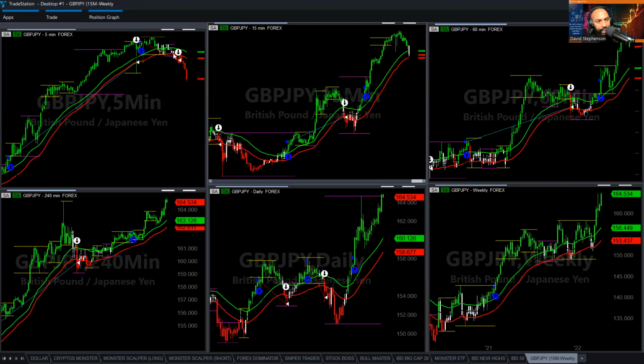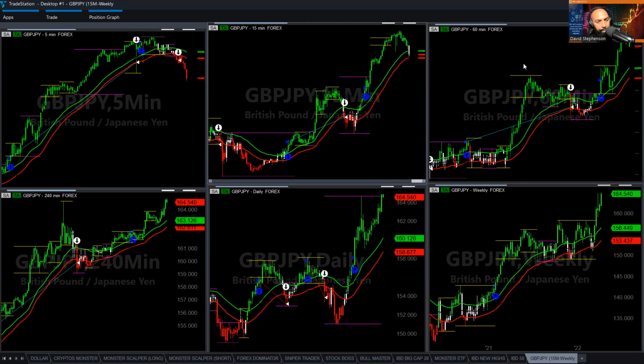On the 5-minute, we had white candles, then red candles, so sellers are coming in. If this price action continues, the next candle might be red, and this will bring down the 15-minute.